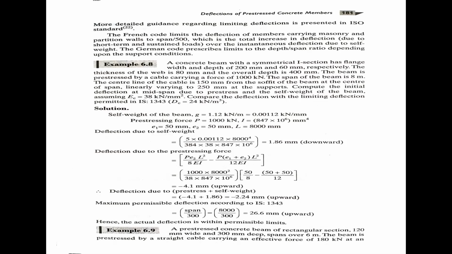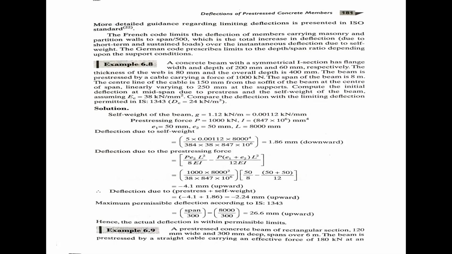Compute the initial deflection at mid-span due to prestress and the self-weight of the beam, assuming Ec, Young's modulus of concrete, equal to 38 kilonewton per mm square. Compare the deflection with the limiting deflection permitted in Indian Standard 1343. Take the density of concrete as 24 kilonewton per meter cube.